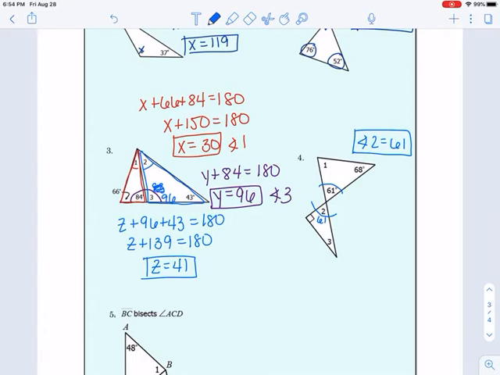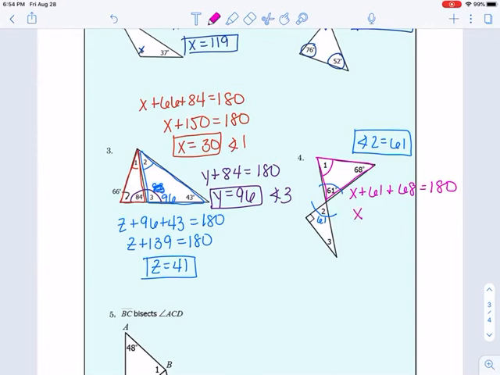Okay, it doesn't matter which one we find now. How about we do angle 1? And angle 1 is this angle here. So again, if I concentrate just on that top triangle right there, I have one angle that's missing. Let's call angle 1 x. So if I take the 3 angles, x and 61 and 68, and add them all together, again, all 3 angles have to equal 180. 61 plus 68 should give me an answer of 129.